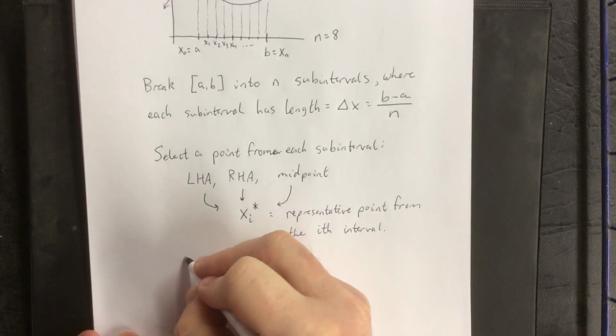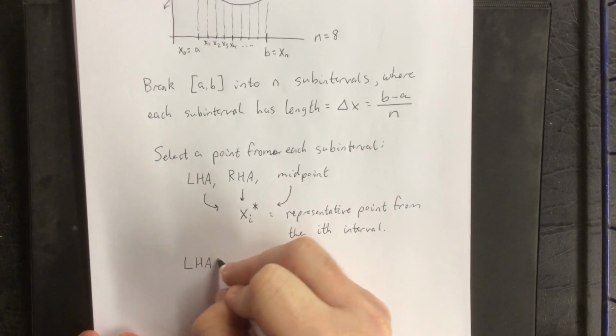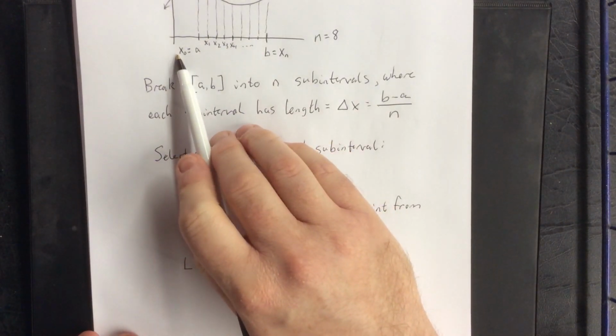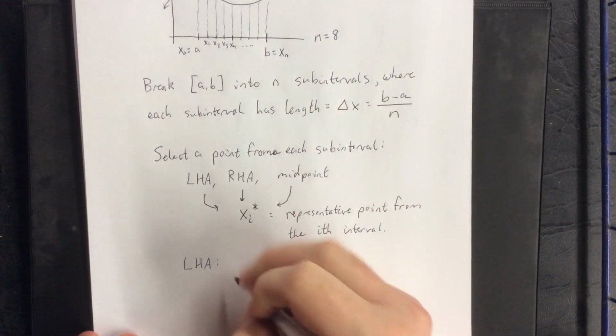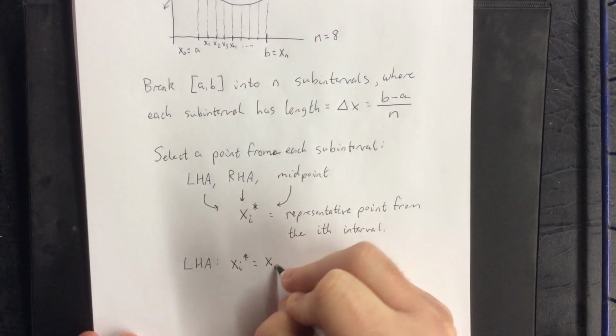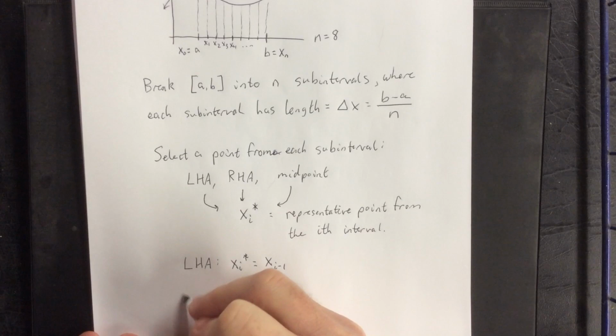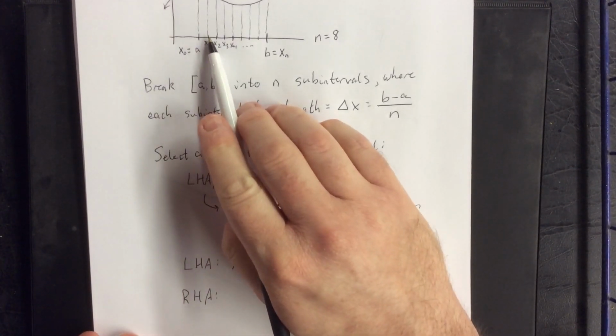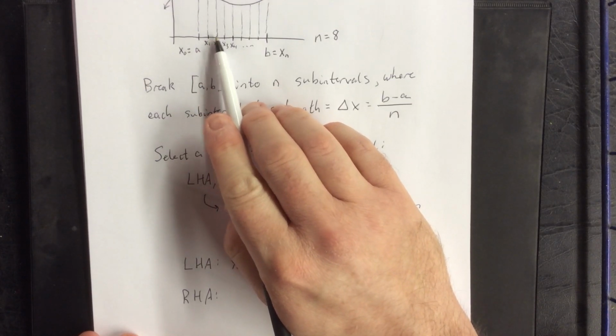So in the event of a left-hand approximation, in the first subinterval we would be talking about x0. In the second interval it would be x1 and so forth and so on. This value is going to be x sub i minus 1. In a right-hand approximation, for the first interval we'd be using x1. For the second interval, we'd be using x2.